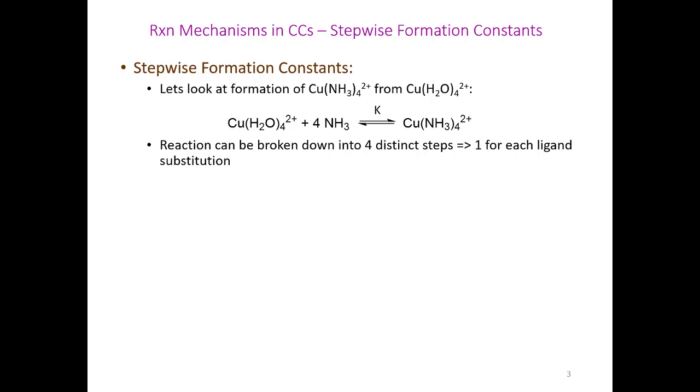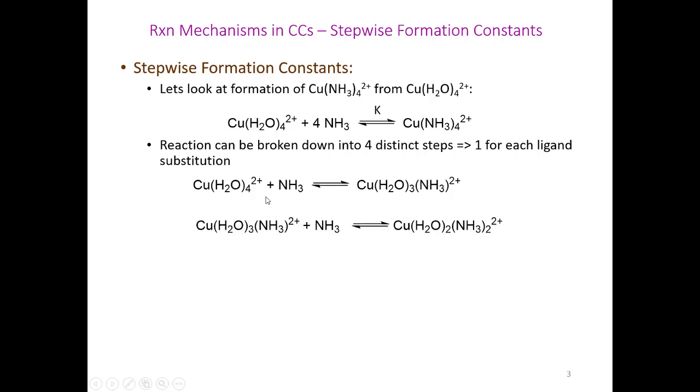It's a stepwise process. So in the first step, you have your starting material, your tetraaqua copper 2, and it undergoes a ligand substitution with one equivalent of your ammonia. And that generates ammine triaqua copper 2. Then this product from your first reaction becomes the reactant in your second reaction.